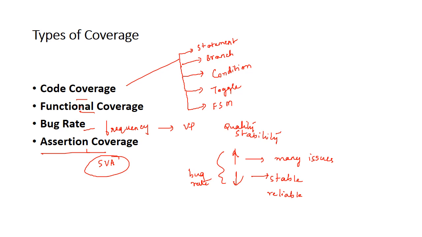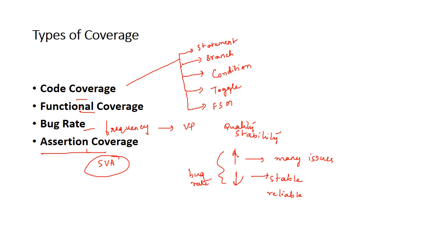A high bug rate indicates that the design has many issues that need to be addressed, while a low bug rate suggests that the design is more stable and reliable.